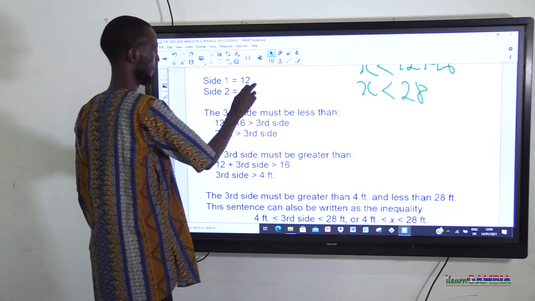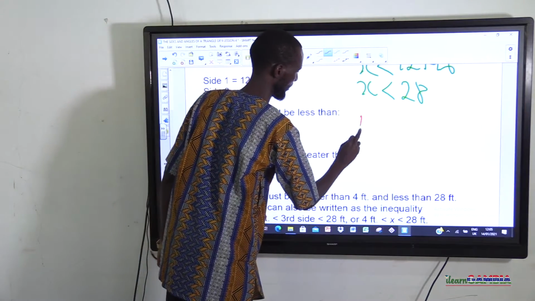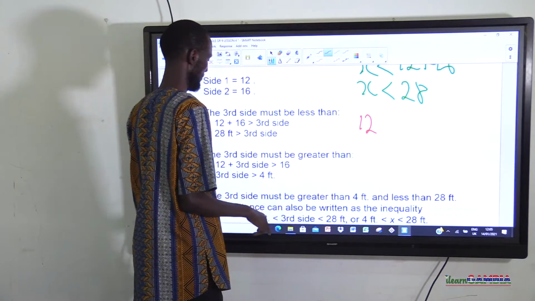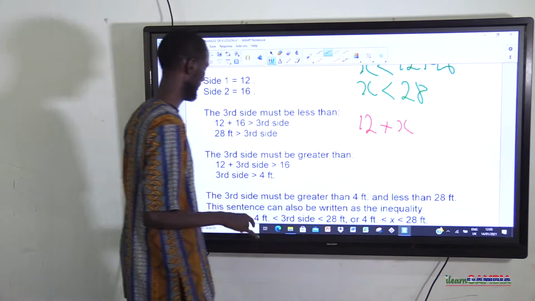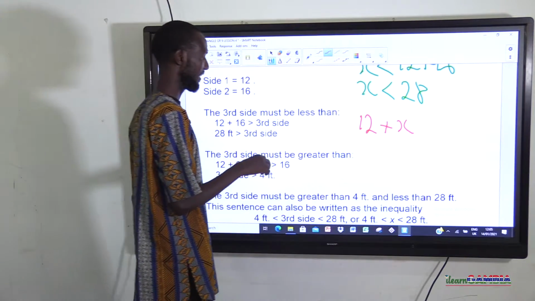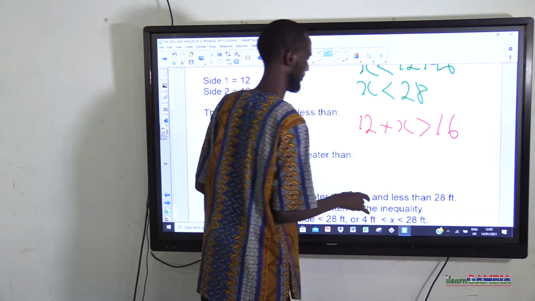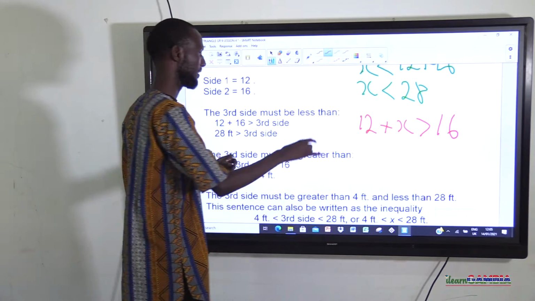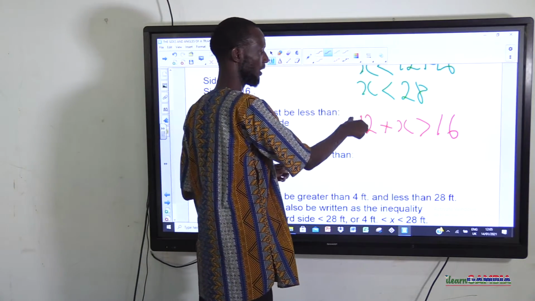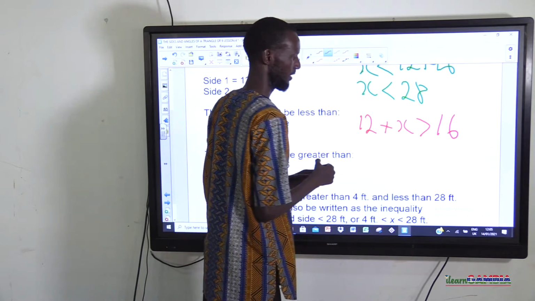If we now take the 12, the first side we were given, plus the third side, which we don't know, x for now, that has to be greater than the other side, which is 16. I'm just taking the 12, the first side here. So 12 and the third side should be greater than 16.